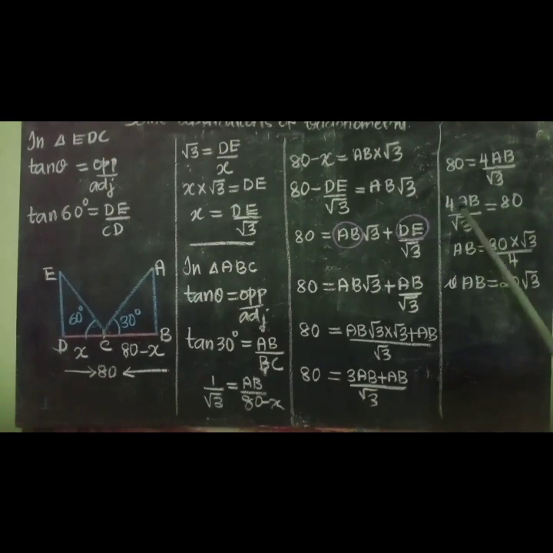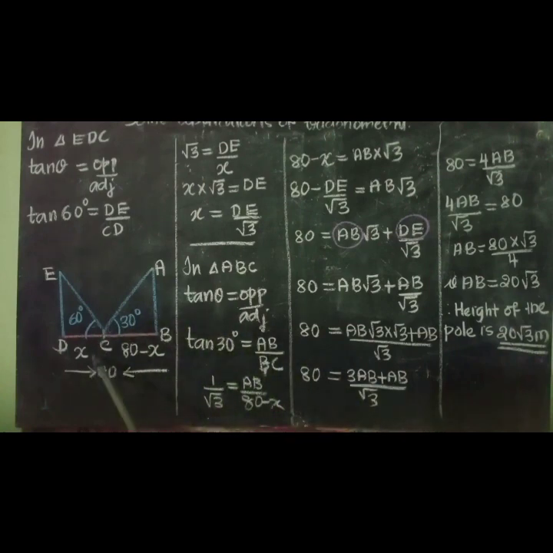We get 4AB divided by root 3 equal to 80. AB equal to 80 into root 3 by 4. The divided by root 3 is taken to the right side, it became into root 3. The into 4 became divided by 4. Now we can cancel this 80 and 4. We get 20. So we get AB equal to 20 root 3. Therefore, height of the pole is 20 root 3 meter.